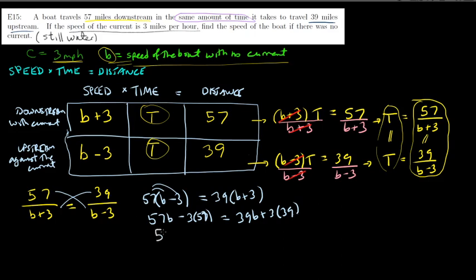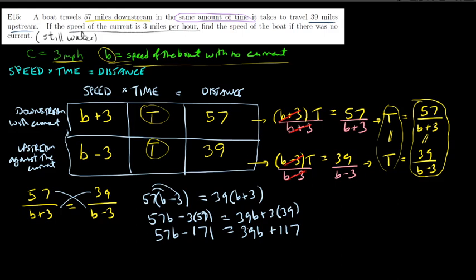So this is still 57b minus 171 equals 39b plus 3 times 39, I want to say 117. Yep, 39 times 3 is 117, just checking on my calculator.